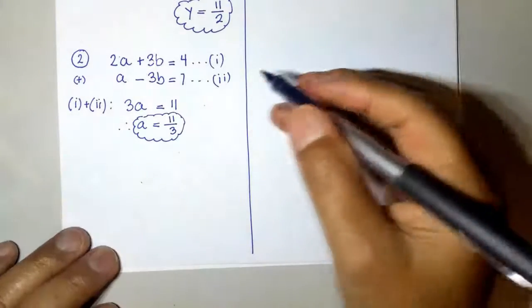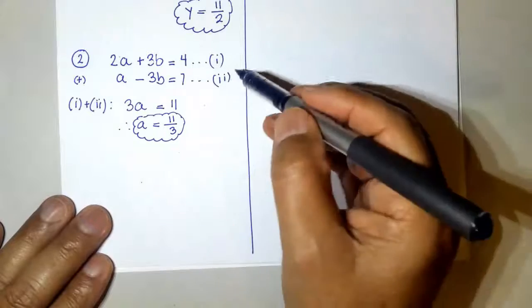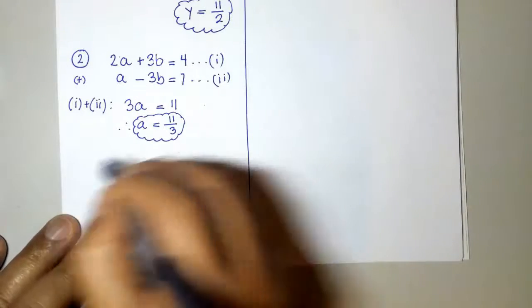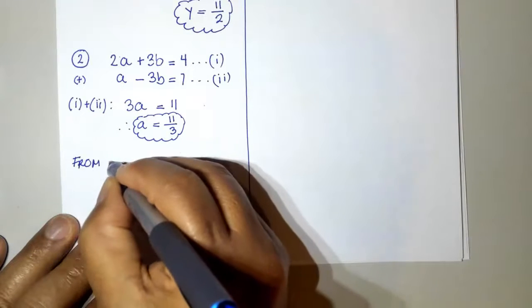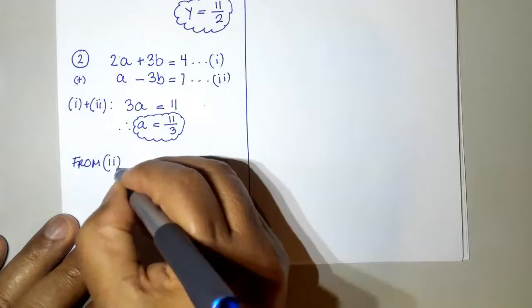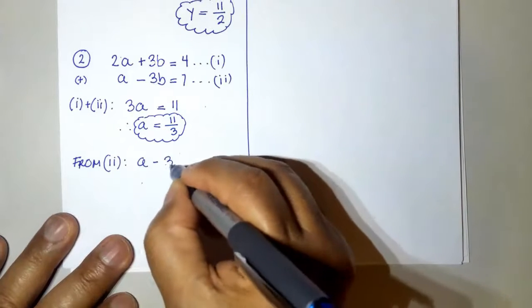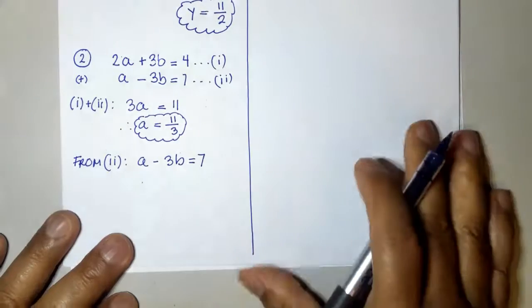And then we can find the answer for b, just substituting a into any of these. I'm going to pick the second one, but you can pick the other one if you want to. From equation 2, we have a minus 3b is equal to 7.